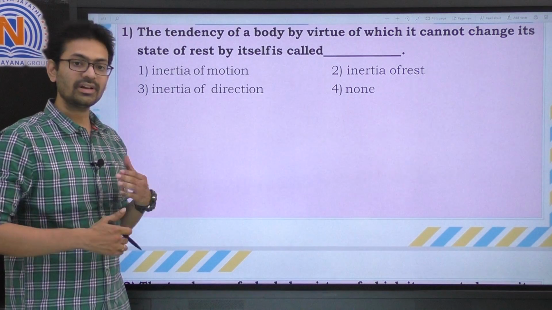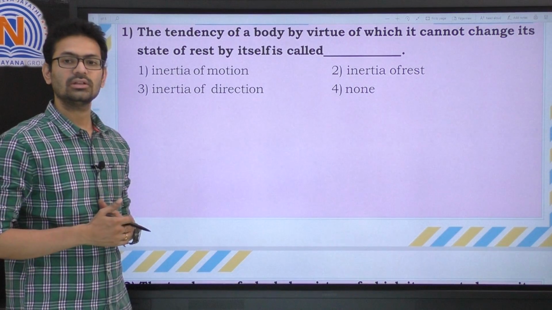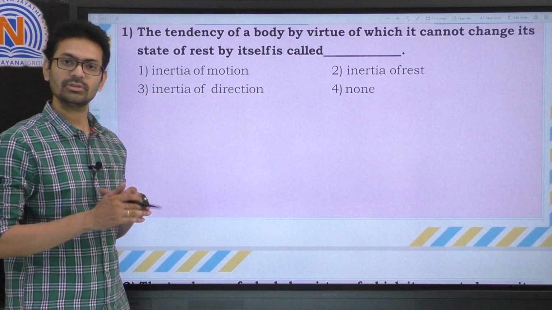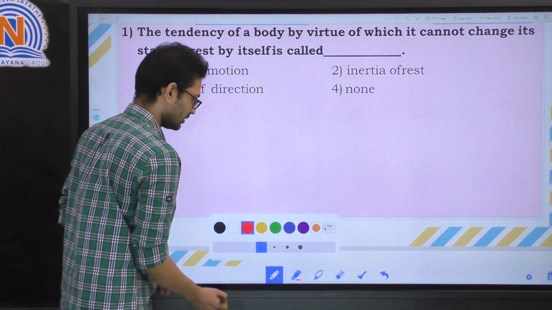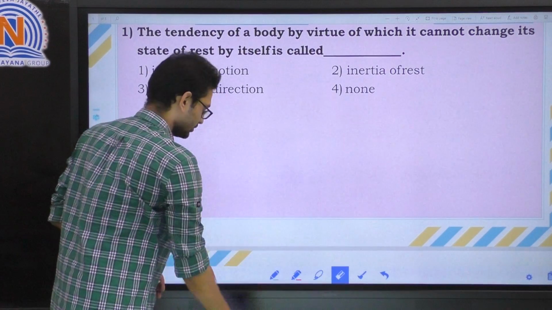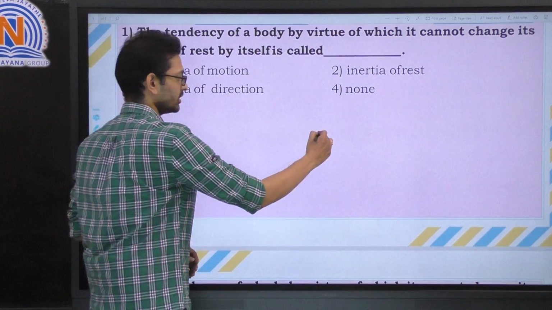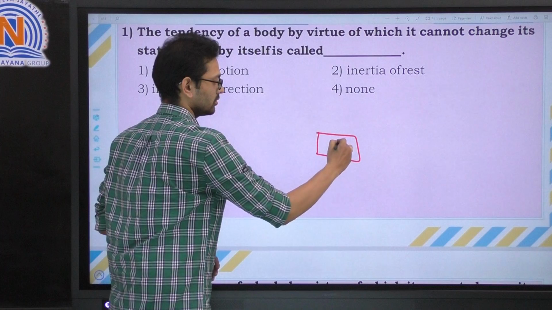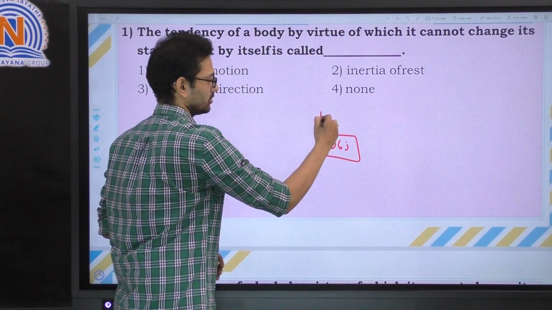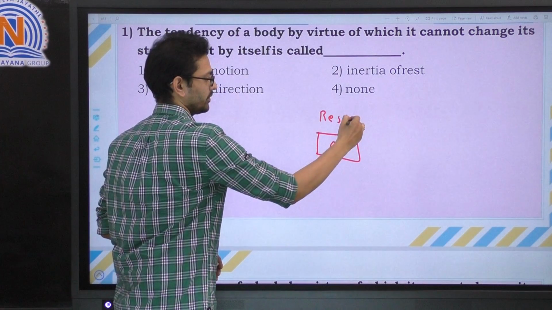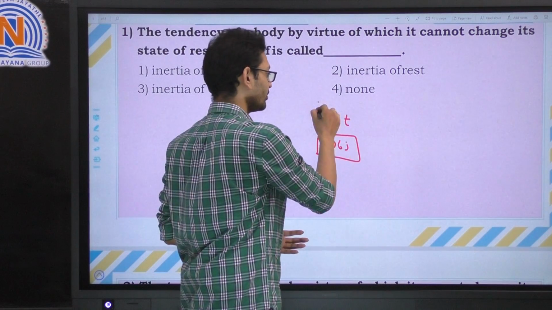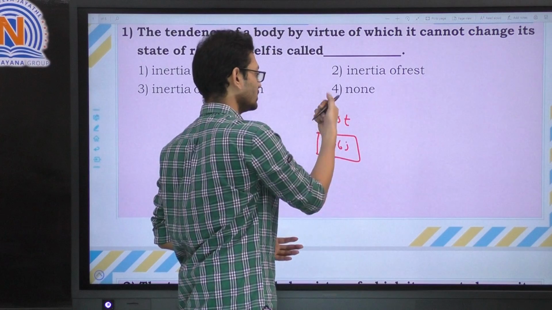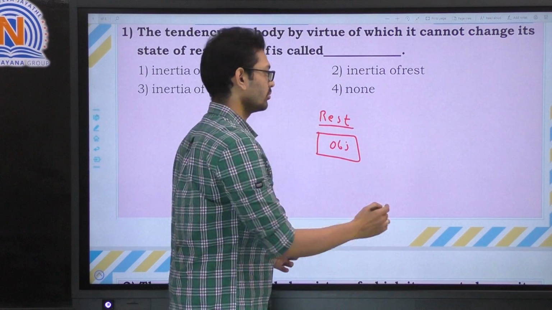When it is not able to change its state of rest, that means it is already at rest. Like for example, you take an object which is at rest. Now it is not changing its state from rest to motion.